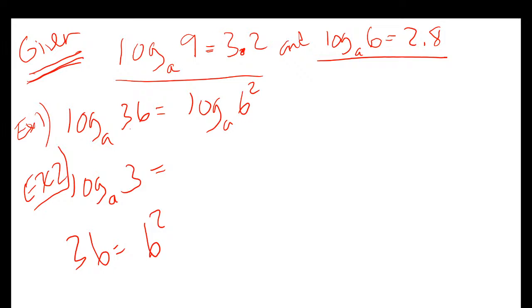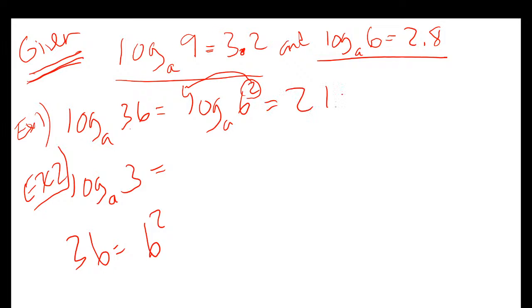Now, what property do we have that allows us to deal with 6 being raised to the second power? What happens to the 2 in that situation? Where does the 2 go? It goes out front. So this 2 is going to jump down out front.